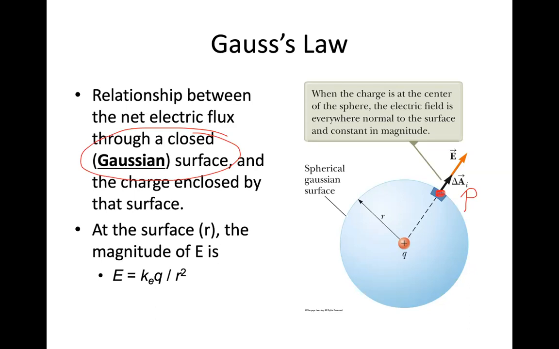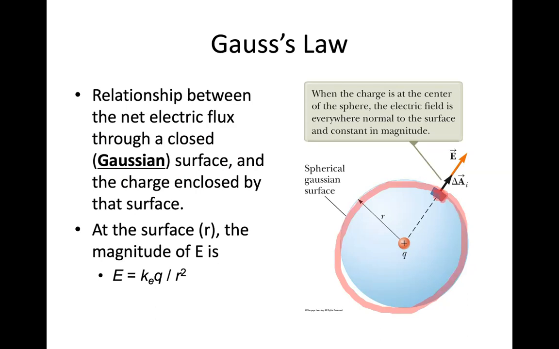So if my charge is like a proton or a spherical distribution, I'm going to take this point P and create a full surface, like a full balloon. It's not a flat disc, it's a balloon. And I'm going to place the charge inside this balloon.